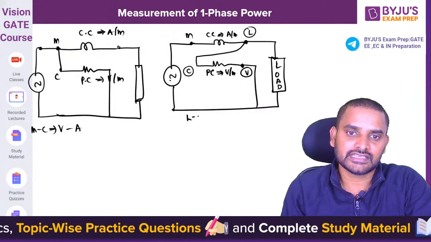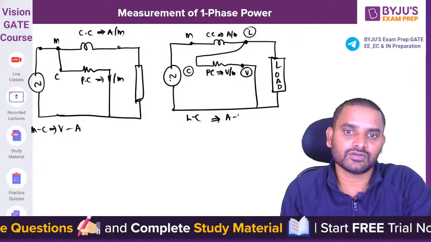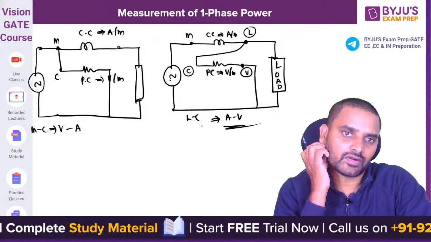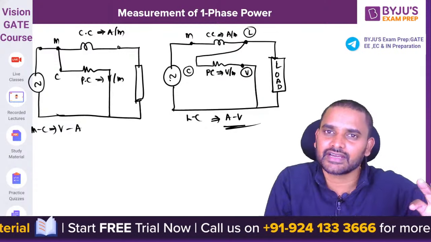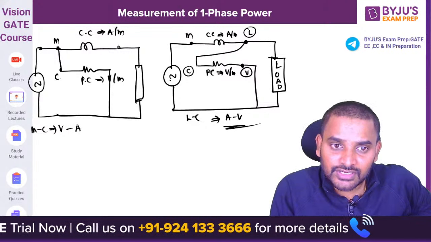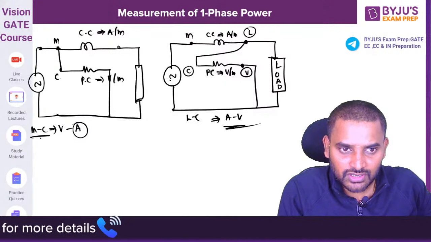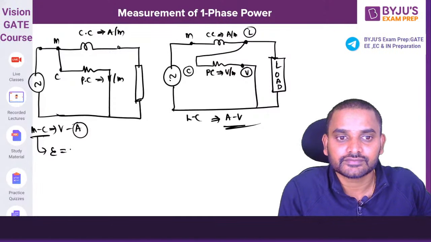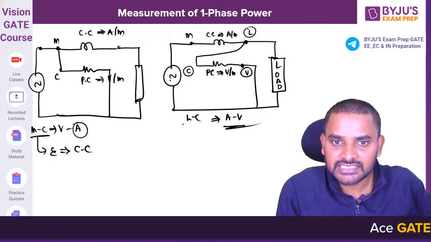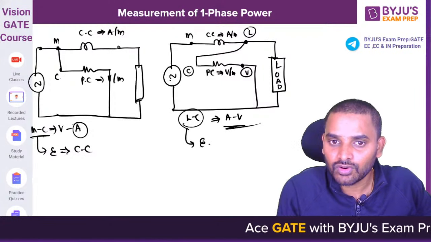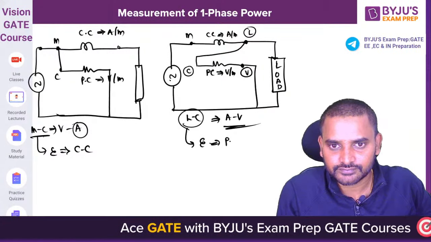So LC short is like the ammeter voltmeter method. The same kind of errors you will get. In MC short, the error is due to the current coil. In LC short, the error is due to the pressure coil.